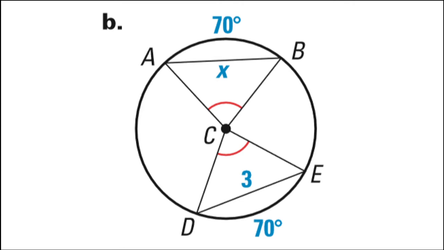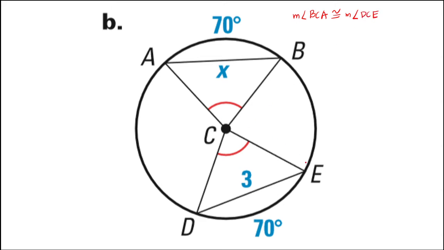Next, how about this? Nasaan ang ating symbol? Yung markings natin nasa loob. So, ibig sabihin, the measurement of central angle BCA is congruent to the measurement of central angle DCE.